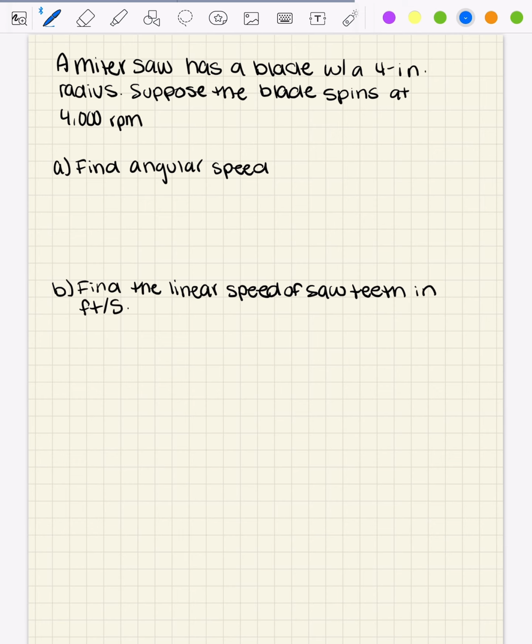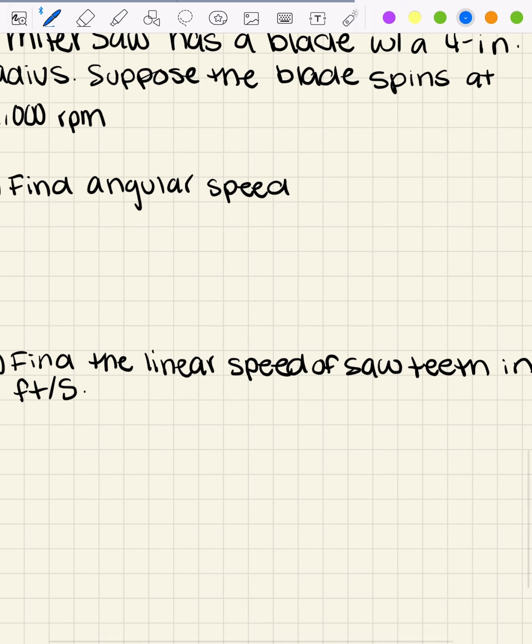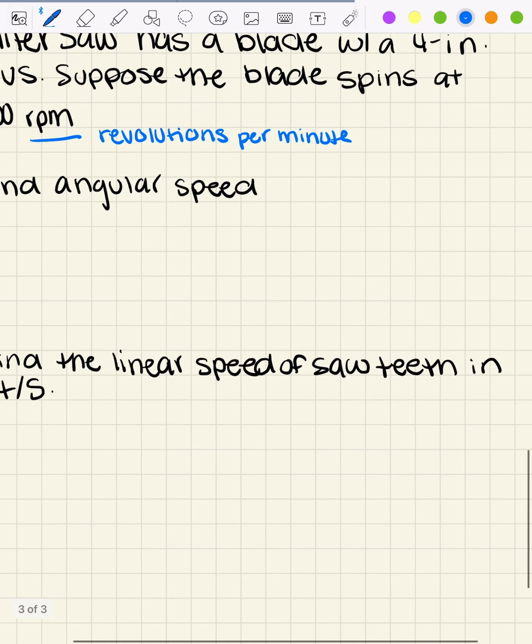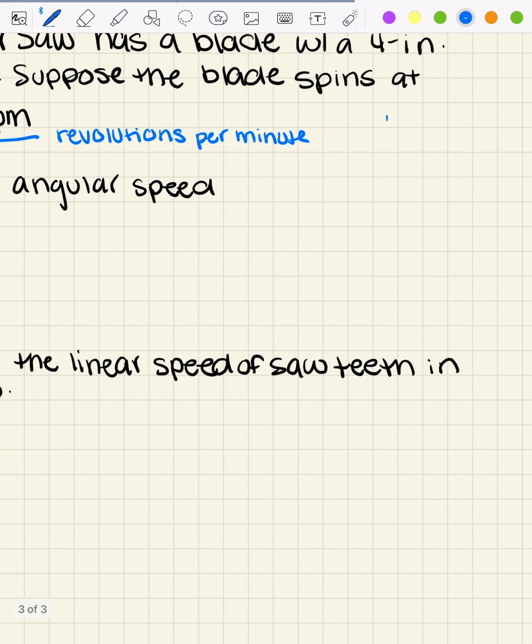So a miter saw has a blade with a 4-inch radius. Suppose the blade spins at 4,000 RPM. Okay, so RPM is revolutions per minute. When we're talking about a revolution, we're talking about one whole circle turn.